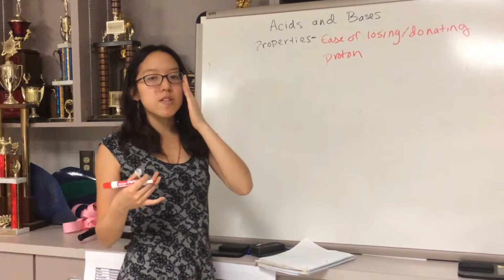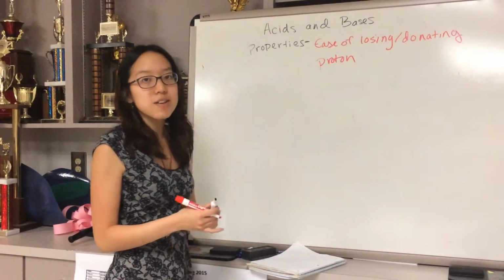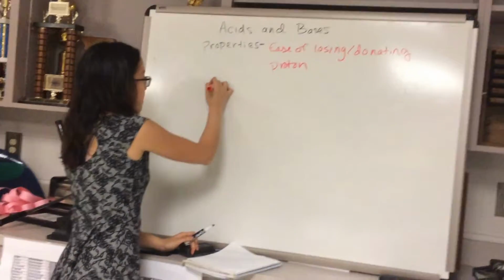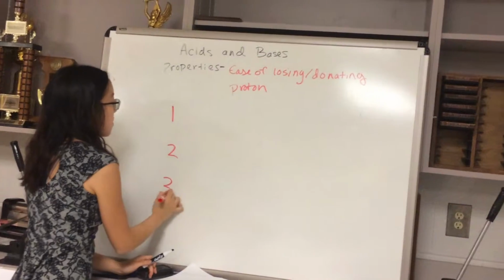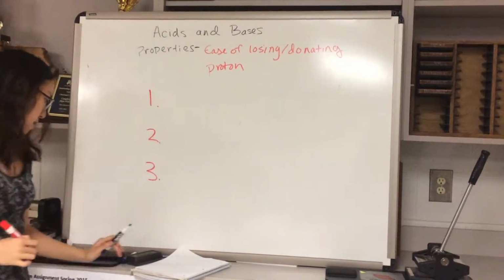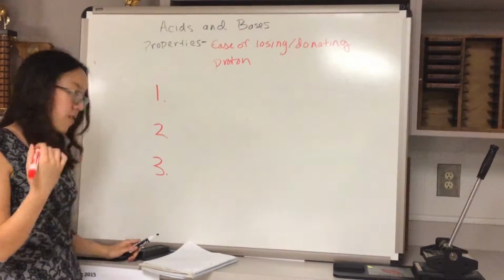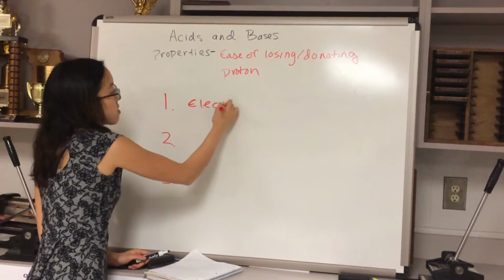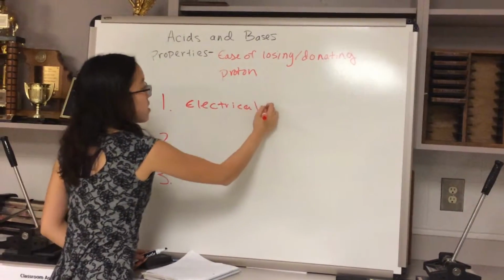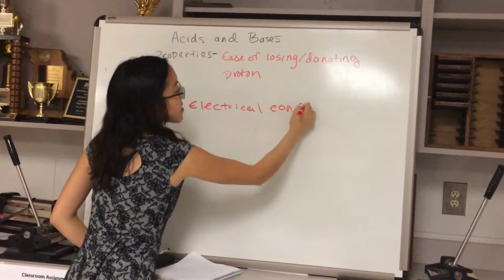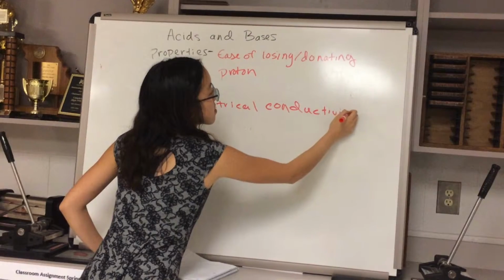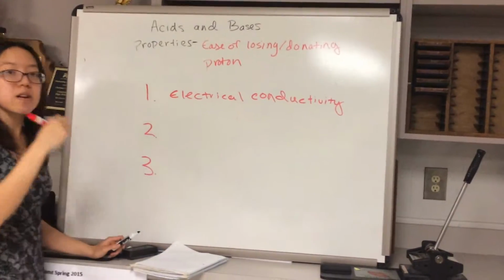And there are also certain things you have to know about distinguishing weak and strong acids and how to do that. So here are our 3 points. One of the first things you can do is distinguish by electrical conductivity. Why does this work?